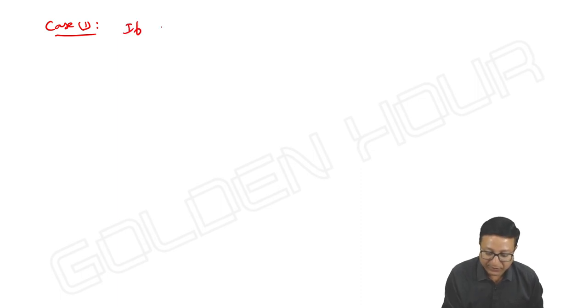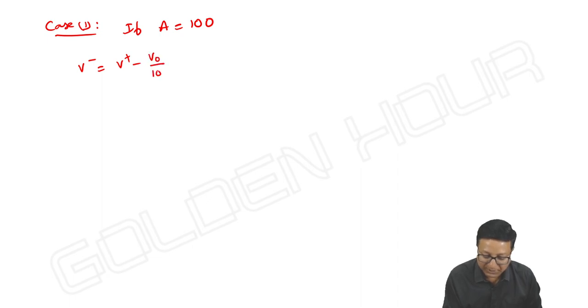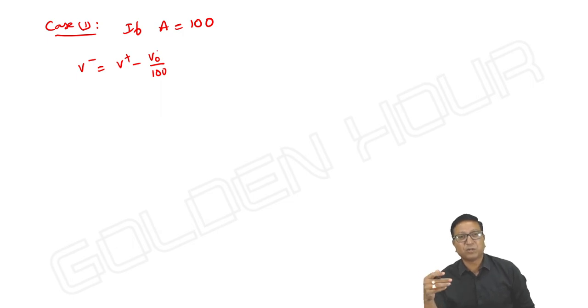If A is equal to some 100, then in the same circuit you can write V minus is equal to V plus minus V output by 100. You can't approximate V minus to V plus. And what is the maximum possible value of output? The maximum possible output may be plus 15 or minus 15.